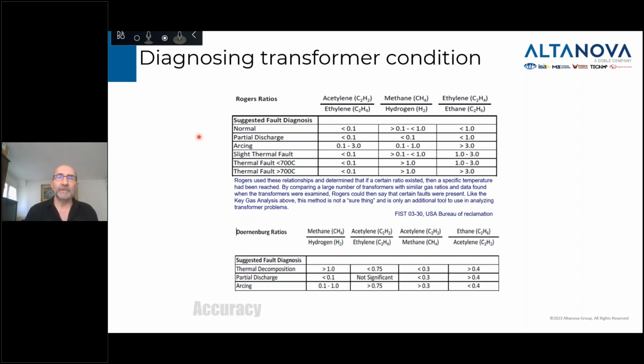Usually it's around 90%; I've heard numbers between 90 and 95% if all three tools come to the same diagnostic. So it's a very strong diagnostic that can help you find out what's going on in your transformer, as long as the data is also very accurate.